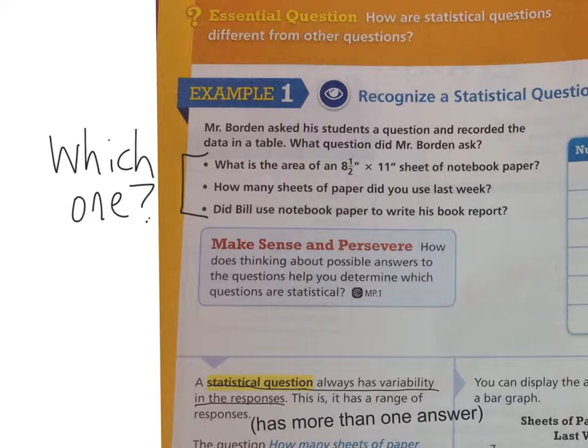How many sheets of paper did you use last week? Or did Bill use notebook paper to write his book report? So the second one would be the only one that would really make sense there, given the title and the responses there. Good. Okay, so that would be the question.